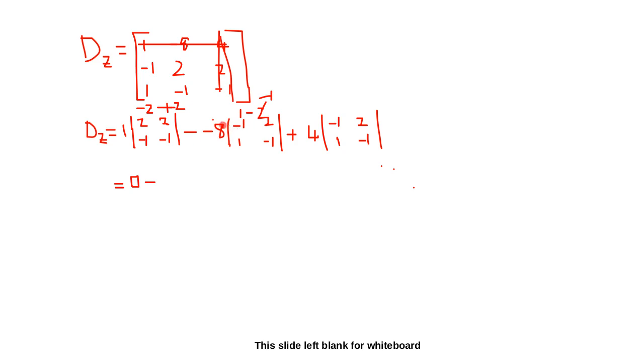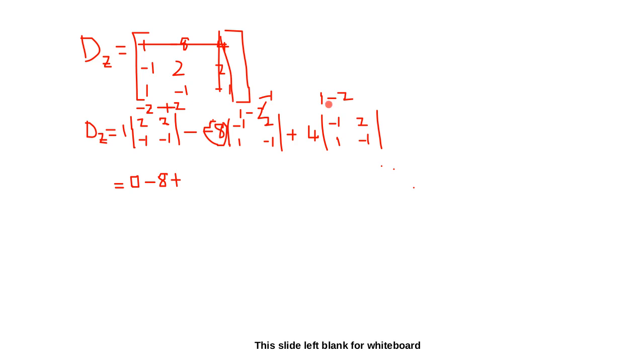Then times -8. -1 times -8. So again, a negative times a negative becomes a plus. So that will be +8. So 8 there. Then plus, move to the last one. -1 times -1, that will be 1. Minus 1 times 2, that is 2.